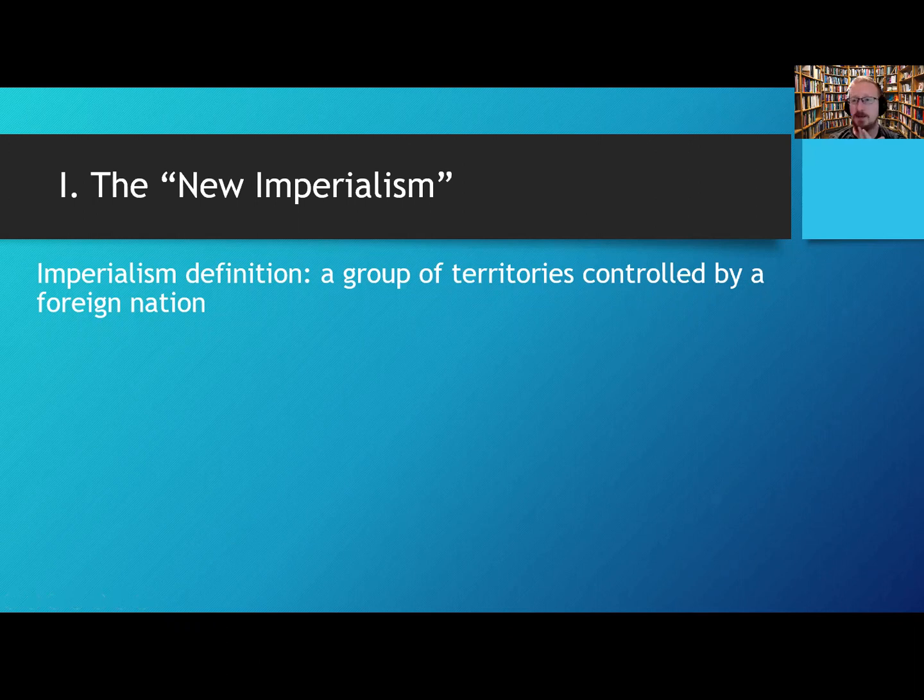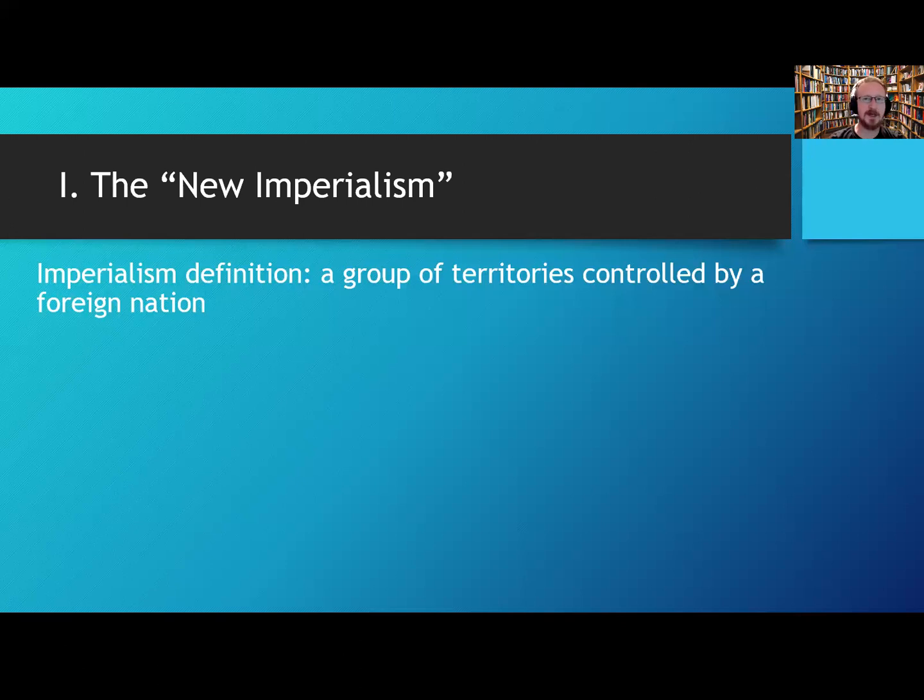So, imperialism. It's something that's been around for quite a while. I'm teaching my Western Civ 1 class, the counterpart to this class, and we talk about empires going back to like 3000 BC. So imperialism has been around as long as humans have been around.